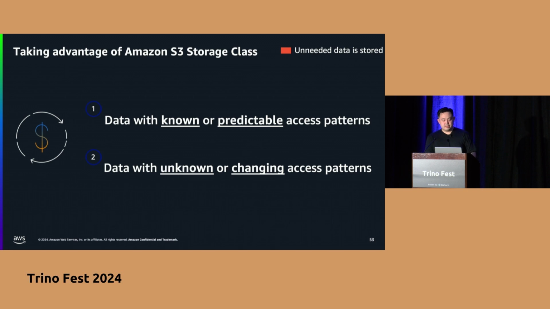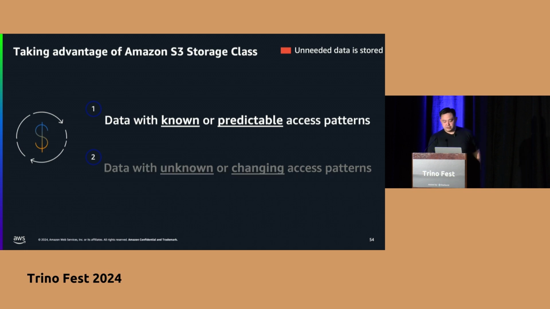That's data with a known or predictable access pattern. On the other hand, at the time of saving data, you don't anticipate who will use it and how. Perhaps the data will be accessed in a few days or a few years later. That's data with unknown or changing access patterns. I think you may have this kind of data in a data lake.